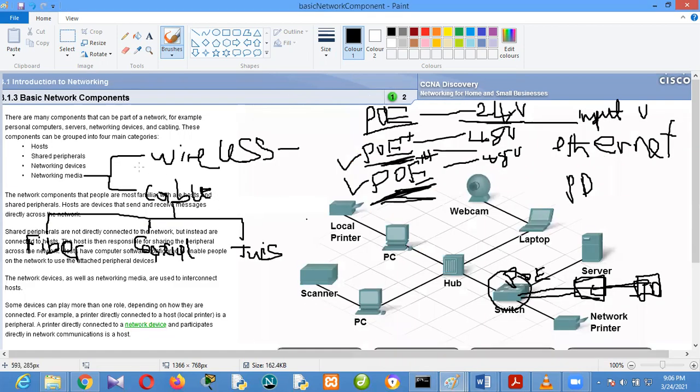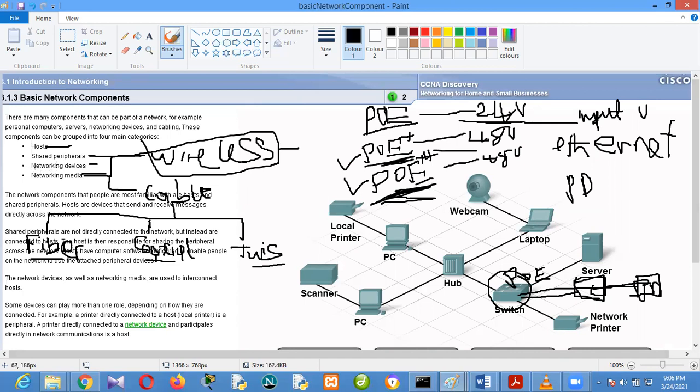Then, I started with what is host, what is peripheral, what is network device, and media. Media, we've talked about fiber, coaxial, and the one we just concluded now, twisted pair. Now, I will talk about wireless later on, not today.